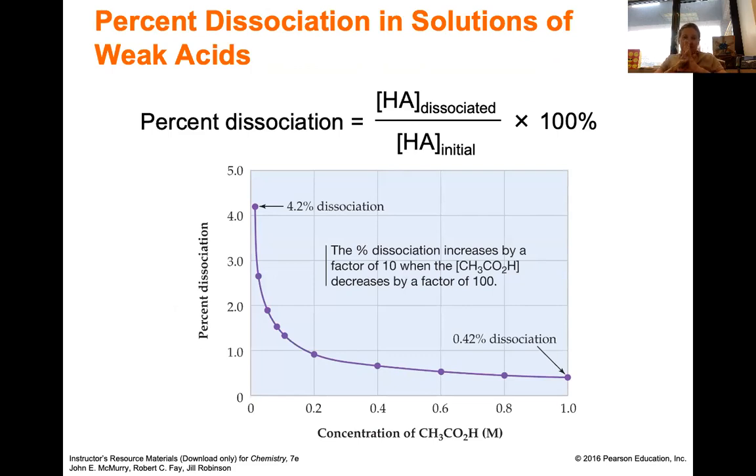This one is giving you a definition that's often useful, the percent dissociation in a solution of a weak acid. The percent dissociation tells you about the strength. By definition, it's how much of the HA dissociated divided by how much you put in, times 100.